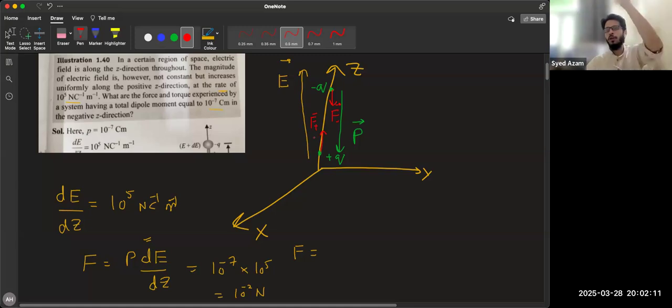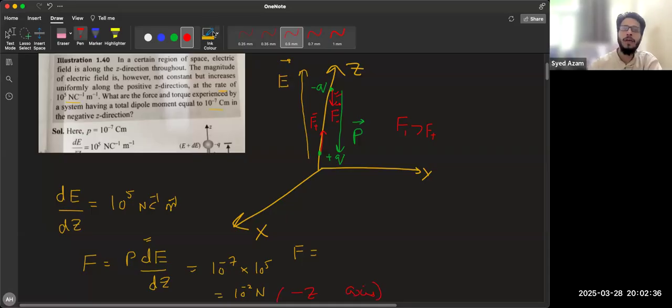So field is acting along positive z-axis. So the field at the negative charge is stronger as compared to field at the positive charge. Why is the field at the position of negative charge stronger? It's because field is increasing along positive z-axis. So F negative will be greater than F positive. So the net force will be along negative z-axis.